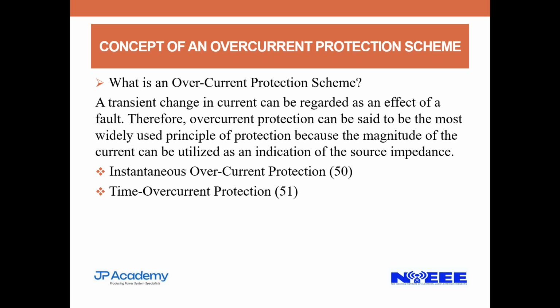Ignore it for this specified period of time. If after this set time margin has elapsed and the motor is still running on a current above 1,000 amps, then trip. This is where time overcurrent protection comes in.